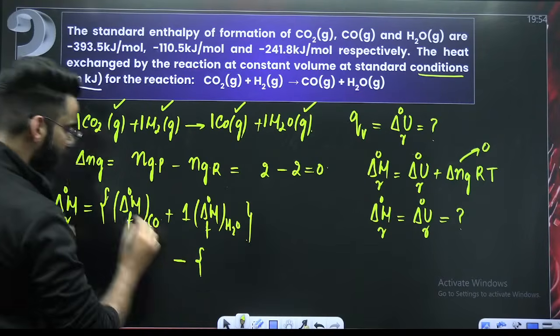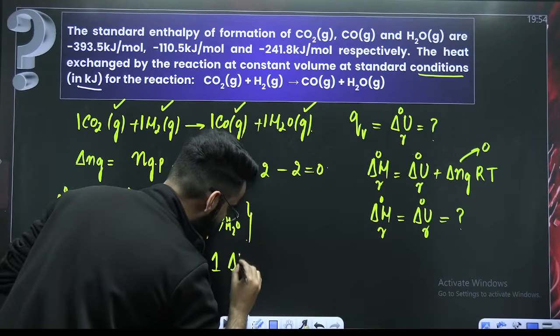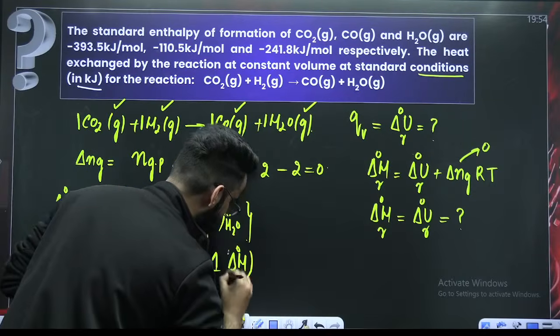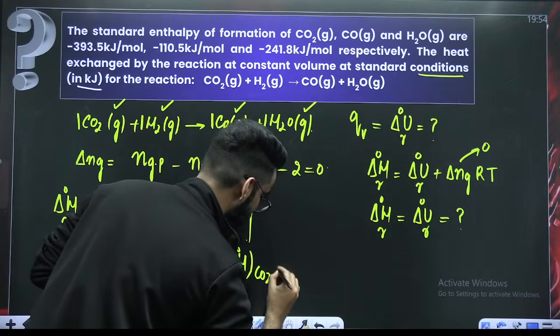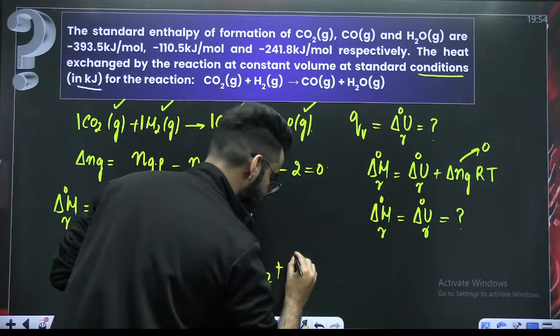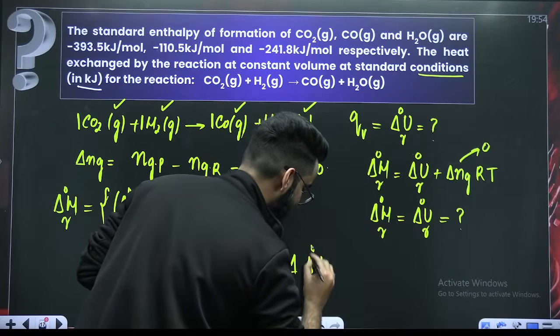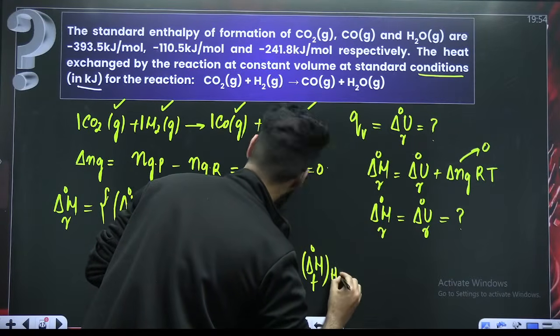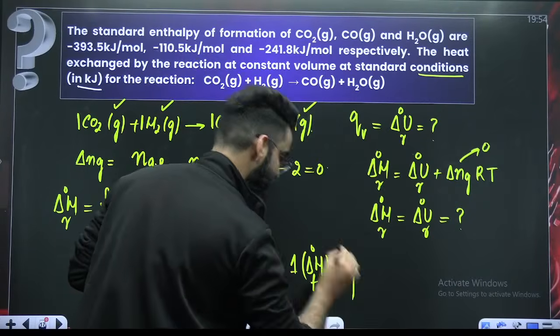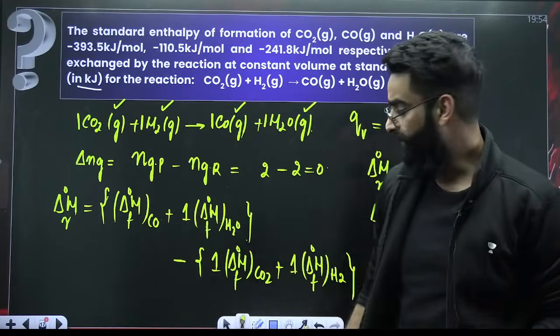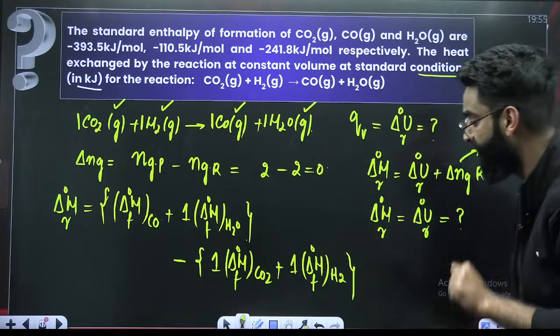Stoichiometric coefficient is 1 multiplied by the standard enthalpy of formation of carbon dioxide, plus stoichiometric coefficient 1 multiplied by the standard enthalpy of formation of H2. Yes, it's H2. Correct, people?